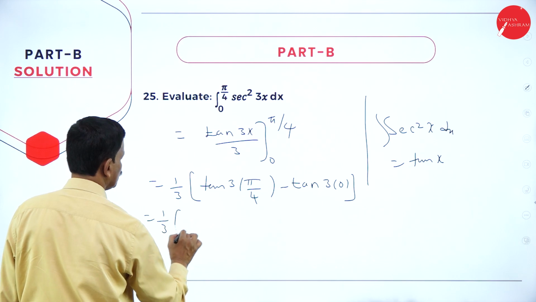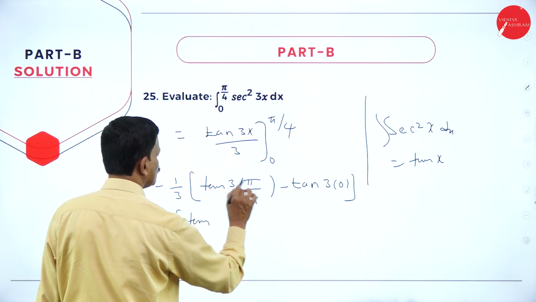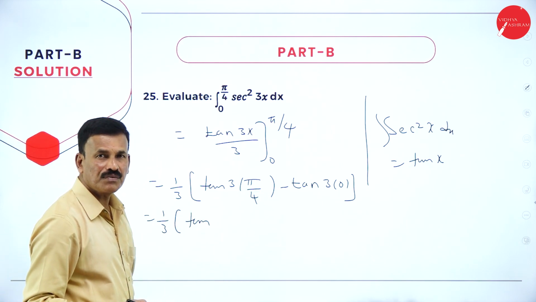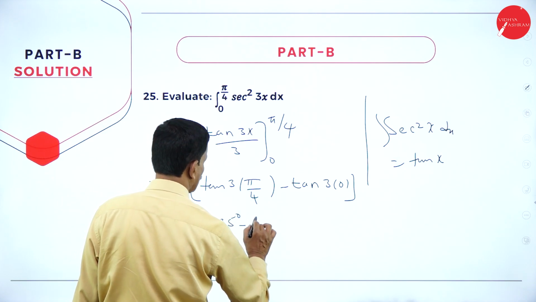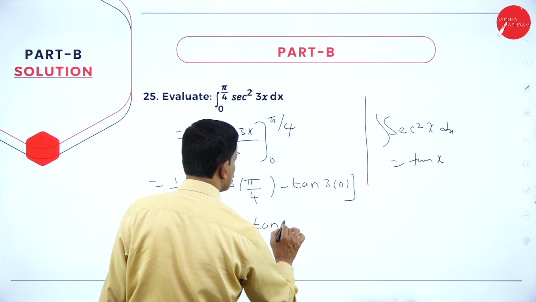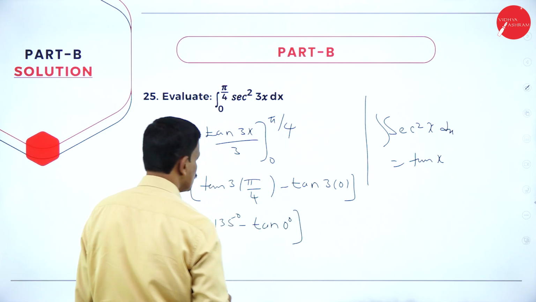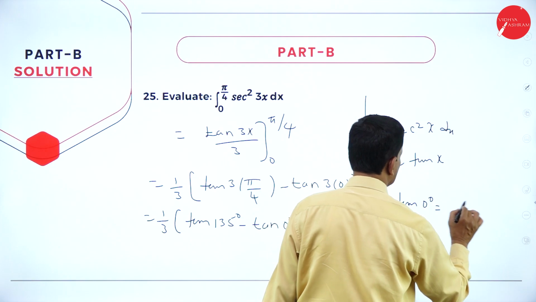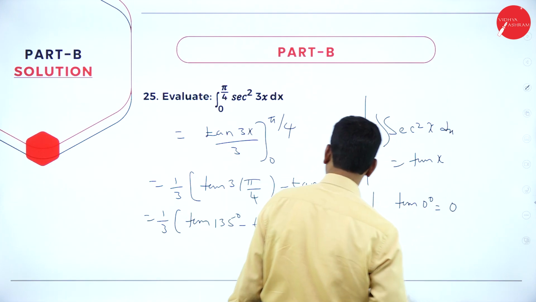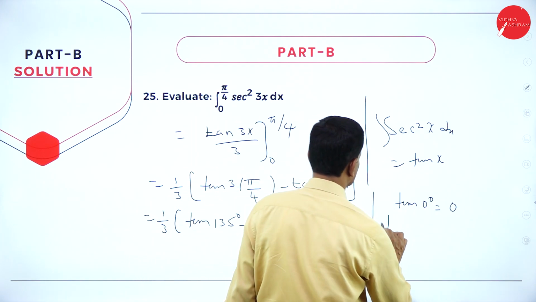This is 1 over 3 into tan 3 pi by 4 means 45 degree, 45 into 3 is 135, tan 135 degrees minus tan of 3 into 0 is 0 degrees. Now just find out what is tan 0. Tan 0 is equal to 0, and what is tan 135?